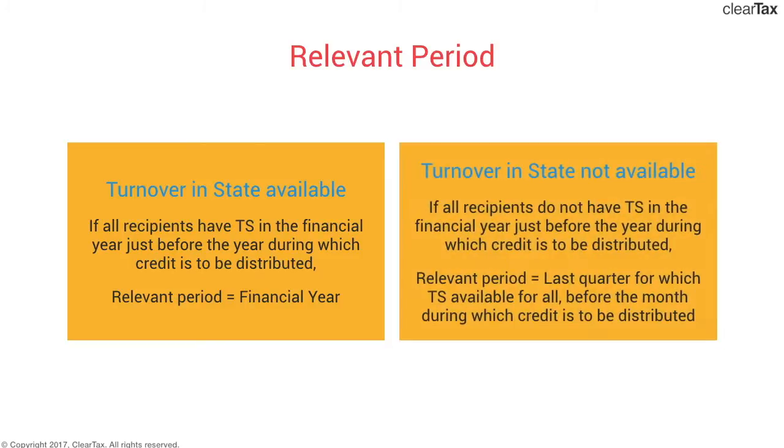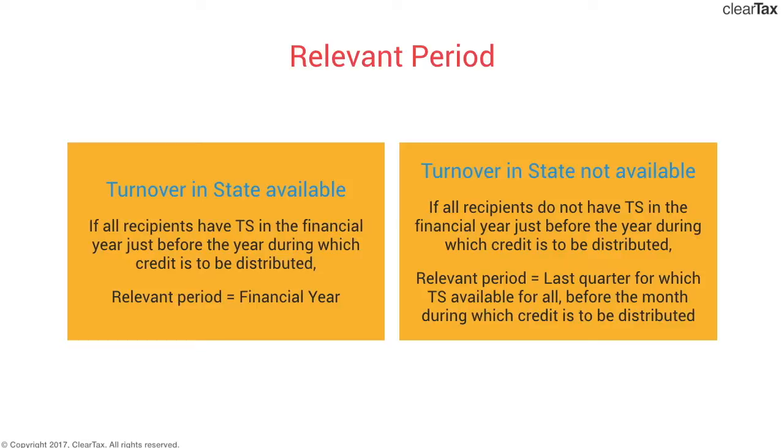The second situation is where turnover in a state is not available for all of these recipients. It may be available for one but not all. In such a situation, the relevant period would be the last quarter for which turnover in a state is available for all of the recipients. This quarter should be before the month during which the credit is to be distributed.